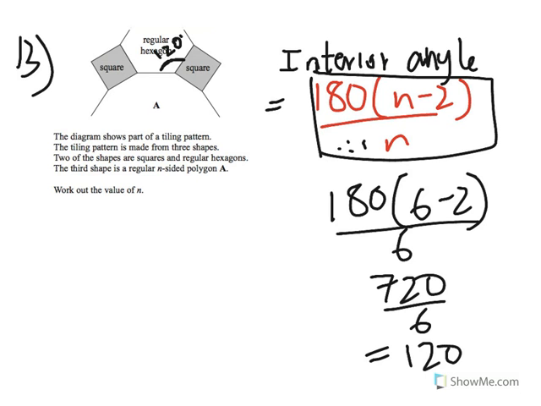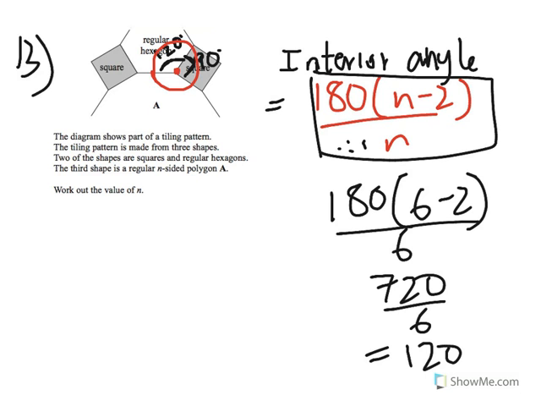Now, for any square, the interior angle is always going to be 90 degrees, right? So now we know that this is 120 and this is 90. If you look at this, you can draw a circle here, and angles around a point always add up to 360, as you always know.